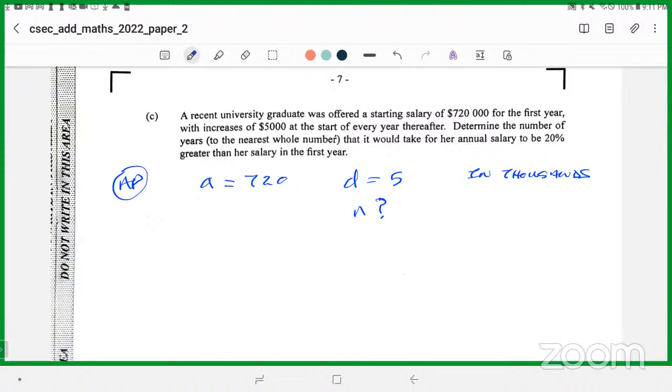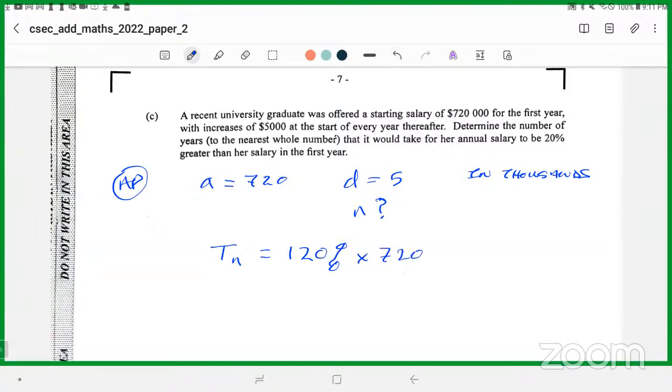Determine the number of years, to the nearest whole number, that it would take for the annual salary to be 20% greater than the salary of the first year. So it's basically asking me which year the term will become equal to 20% more. 20% more is 120% of the starting sum of 720.